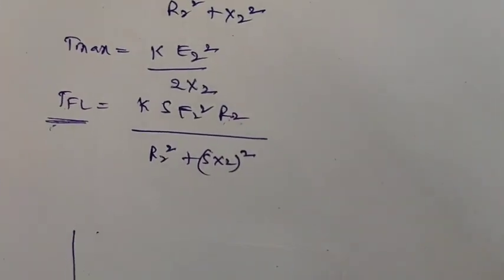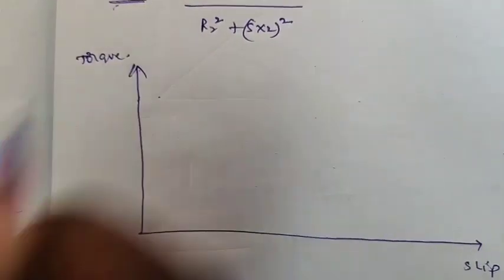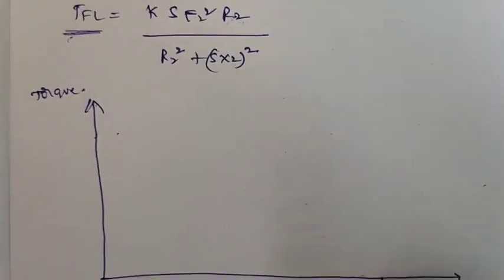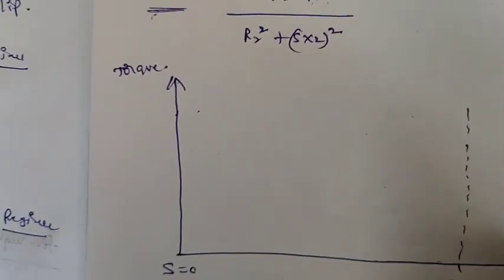like that. This is slip I am considering, and torque on this axis. This is slip equal to 0. This one is slip equal to 1. I am plotting dotted lines.